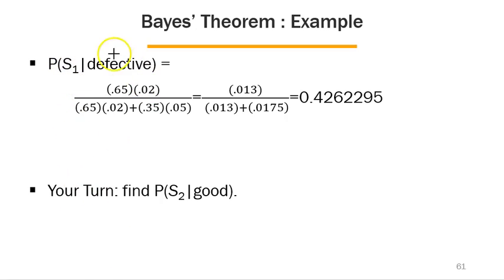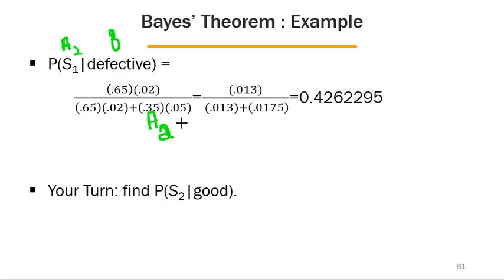So in this case, you're thinking of this would be something like A sub i, or in this case we could write it down as 1, and then this here is B, that is defective. So in this scenario here, the 0.35, that would be the probability that it came from supplier 2, so we could write this maybe as A sub 2.